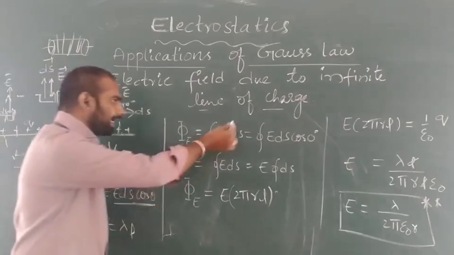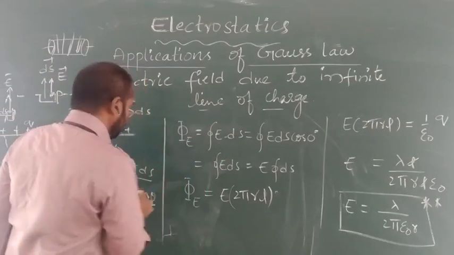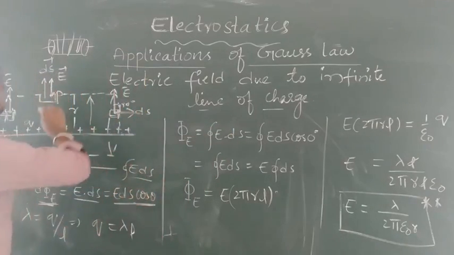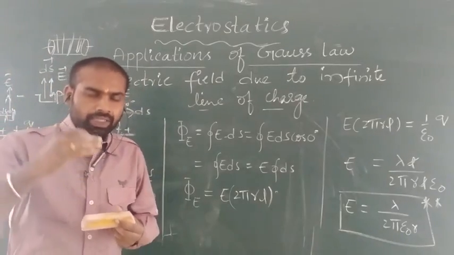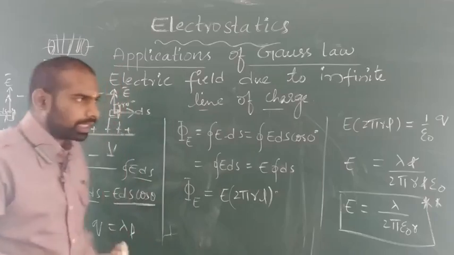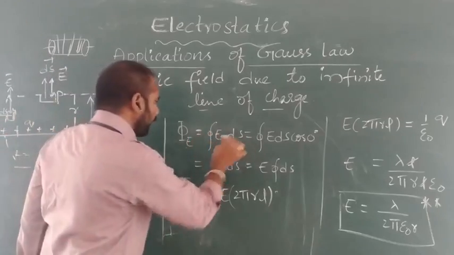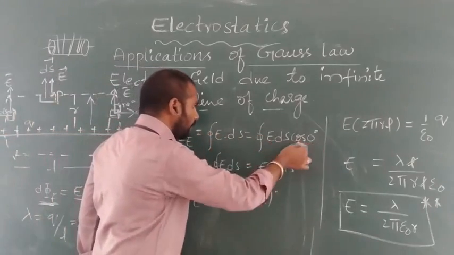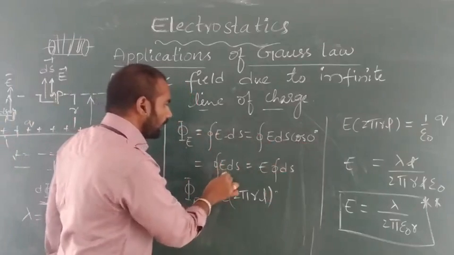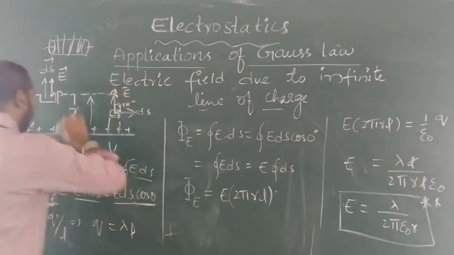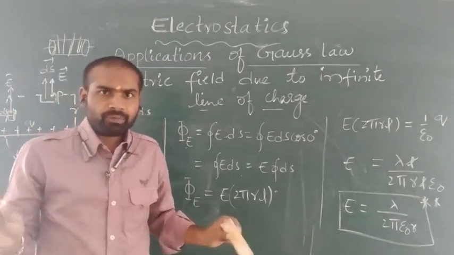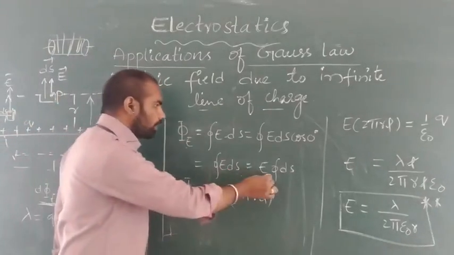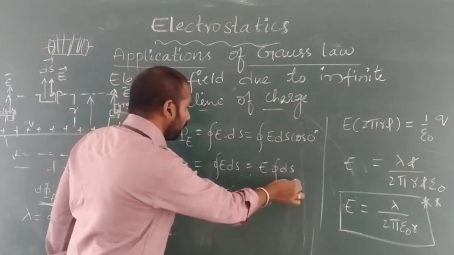Now integrating this small element, adding all the small elements to get the flux passing through the entire curved surface area, phi is equal to the integration of E dot ds, which is the integration of E ds cos 0, and cos 0 is 1. So integration E ds. Here the electric field throughout the cylinder is the same, uniform, so it is constant. The electric field is taken outside, leaving the integration of ds.